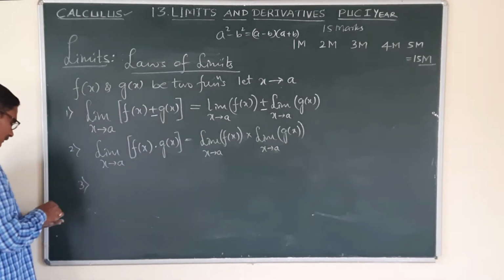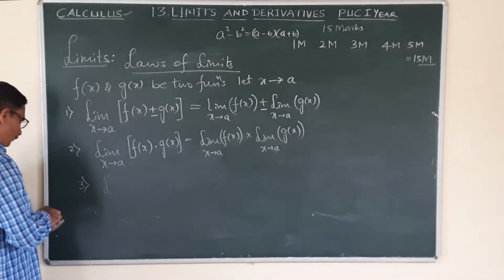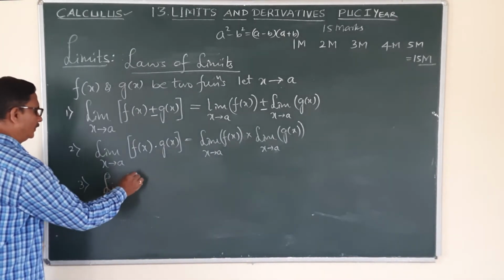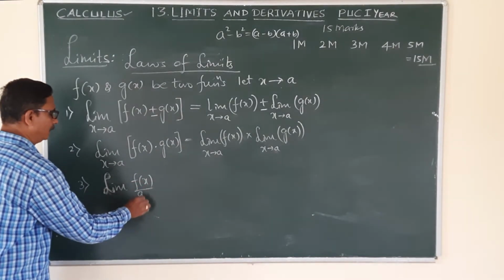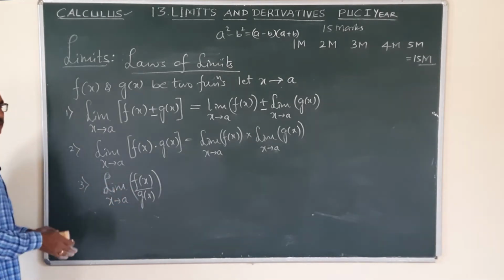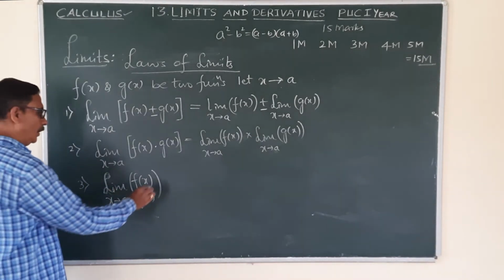Whereas the third one, limit of division of two functions. Limit of f of x divided by g of x, the quotient of two functions. When functions are in division, how to split it?